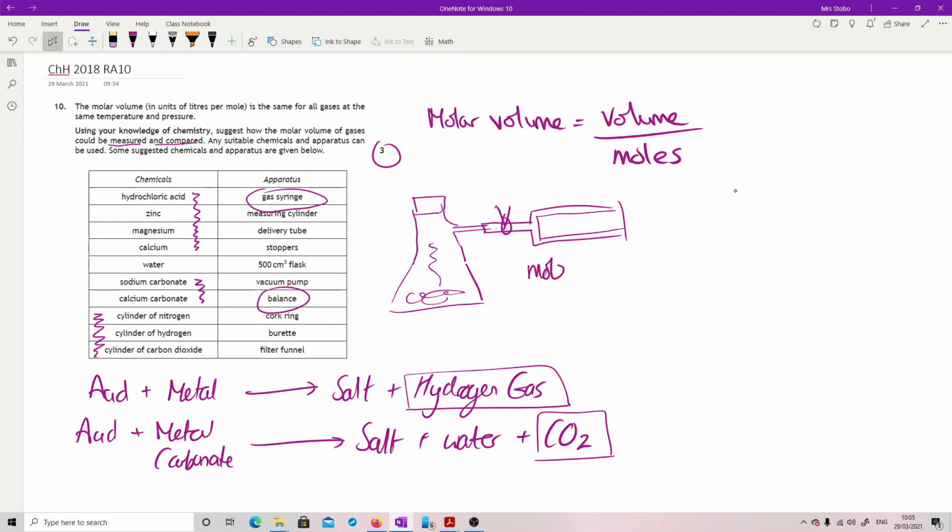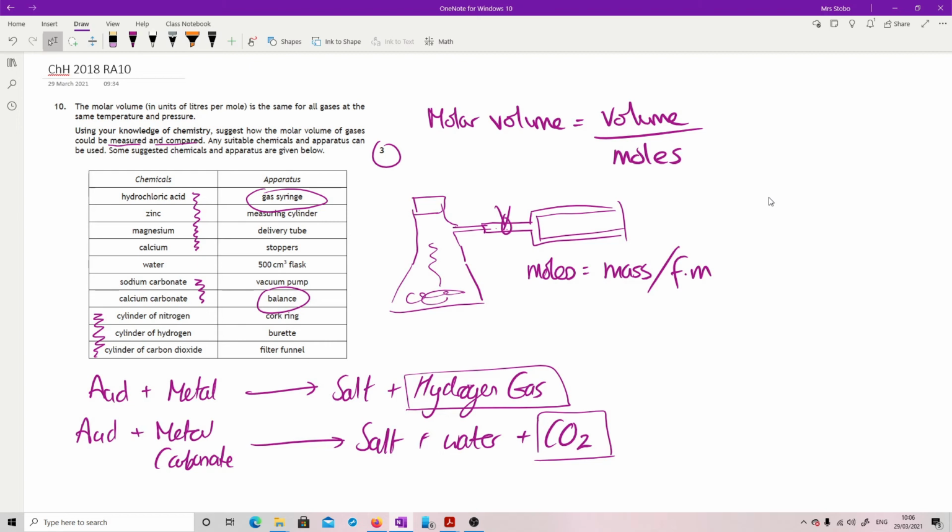So moles is mass divided by formula mass. So you're going to do a kind of weighing by difference thing here. And then once you've got your moles, plug it in here with your volume, and that will give you your molar volume. And you could do this for hydrogen, you could do this for carbon dioxide. You could also do it using the cylinder of nitrogen, just releasing into the gas syringe.